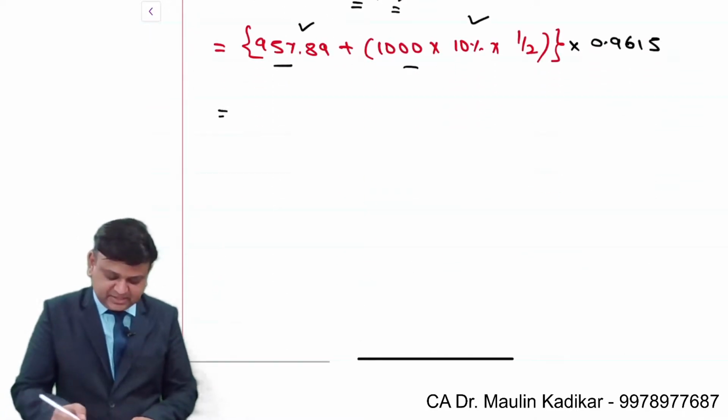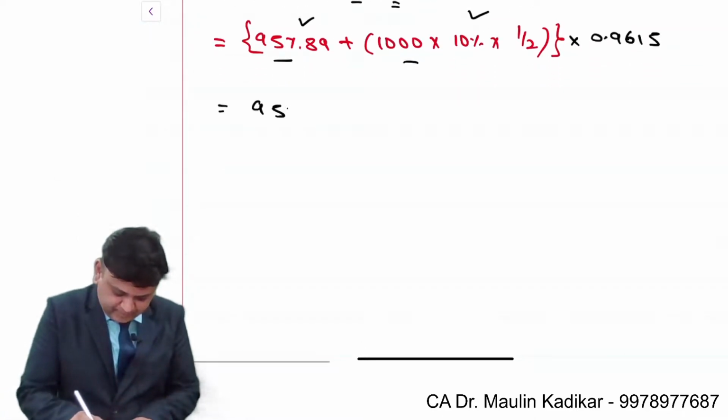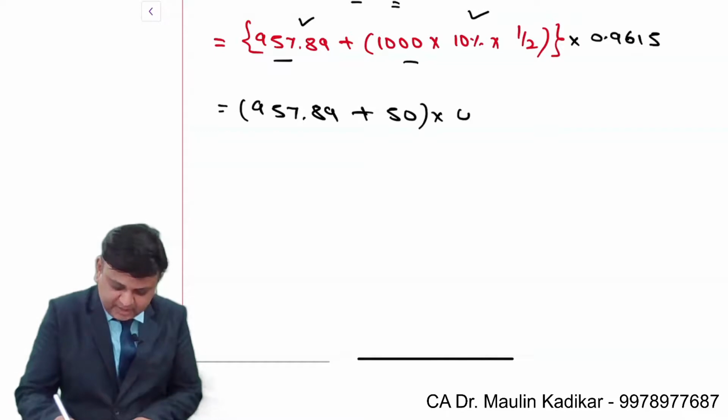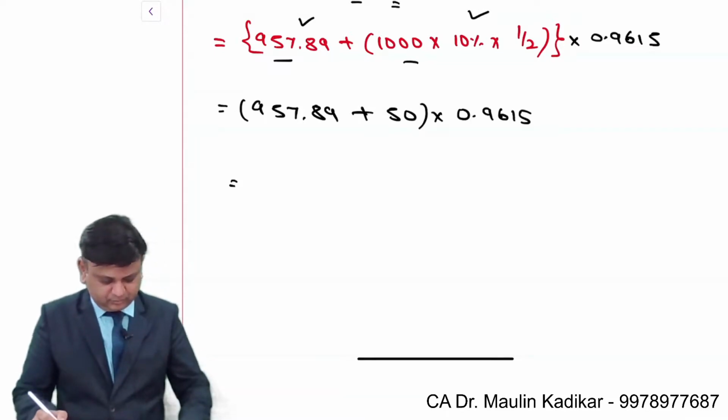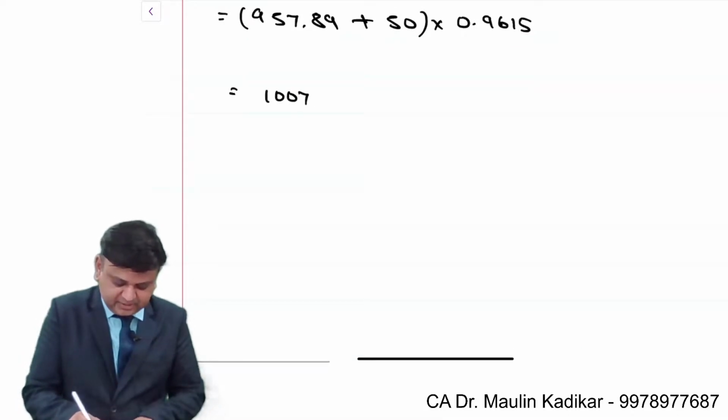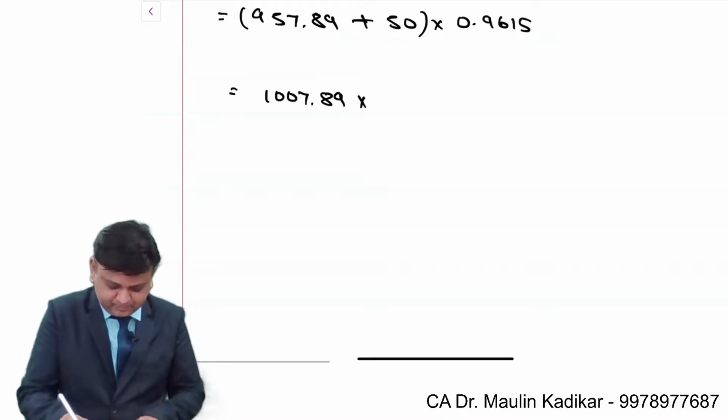So we understand that 957.89 plus 50, into 0.9615. So we understand 957.89 plus 50, so it is 1007.89 into 0.9615.